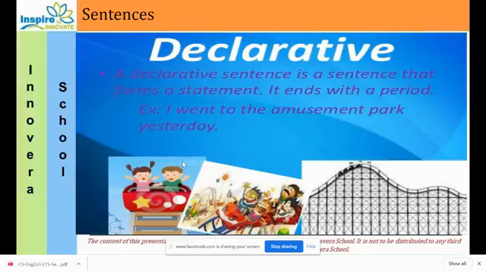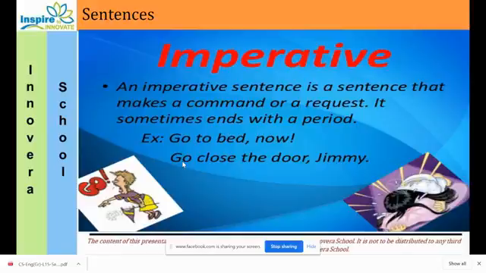Then we studied the imperative sentence. Whenever we need to give an order, request or advice, we use an imperative sentence. It begins with a capital letter and ends with a full stop, but it is always used for giving advice, requesting something or passing an order.